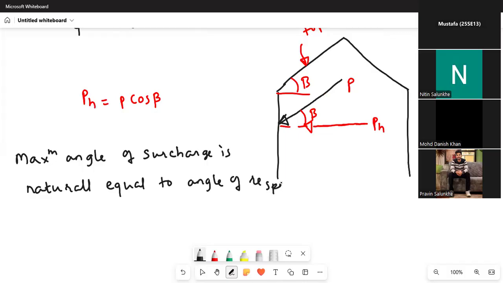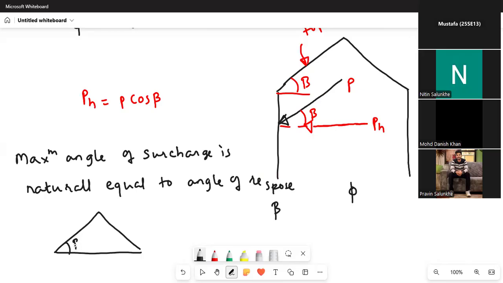So what is angle of repose? Angle of repose is denoted by phi, and angle of surcharge is denoted by beta. What we say is, the maximum beta, the maximum angle of surcharge, is naturally equal to the angle of repose, like this angle.